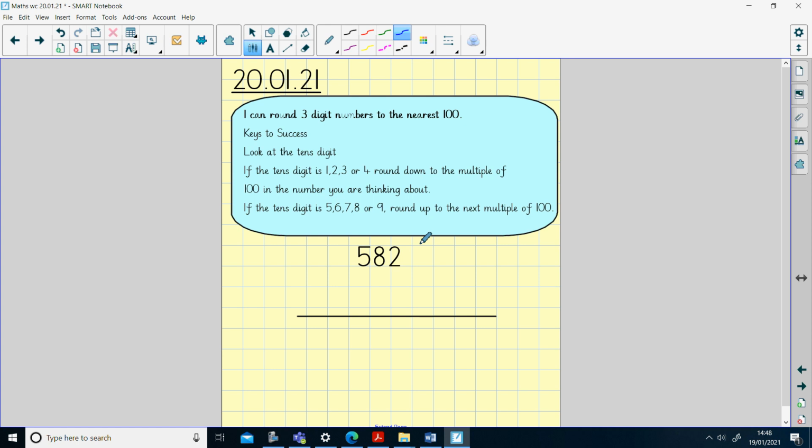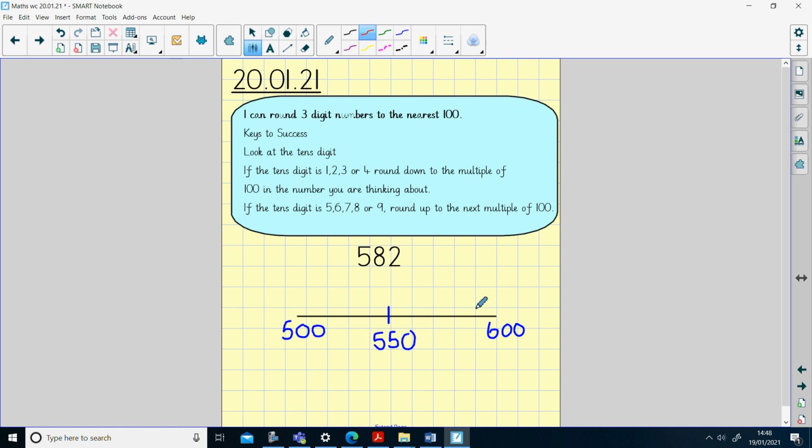582. I'm going to show you how to do it on the number line and also how to do it following just our rules. So 582, the 100 is 500, and the next multiple of 100 would be 600. Halfway would be 550. So then I need to think, where would this number be?